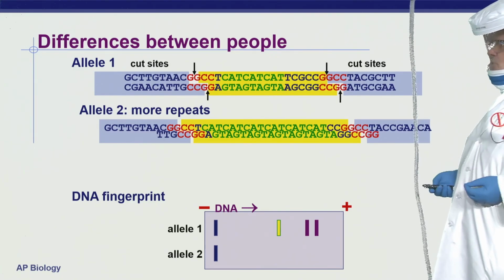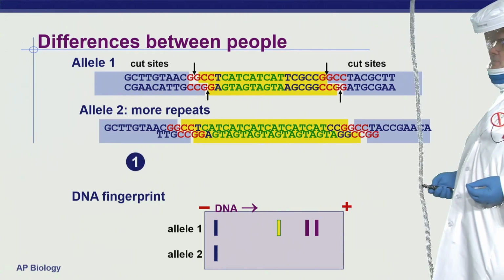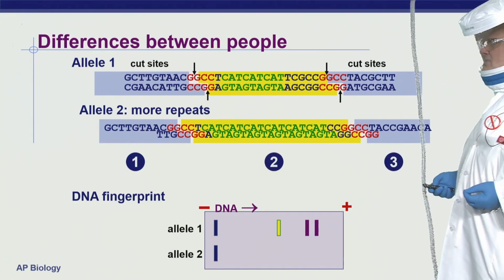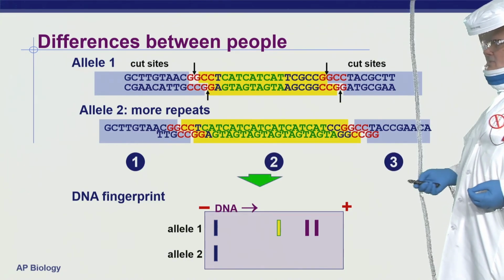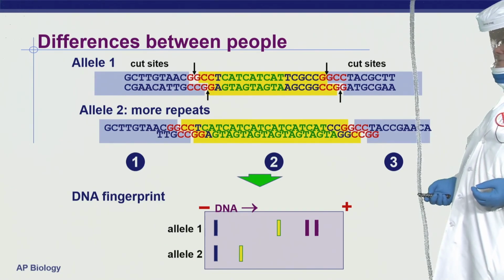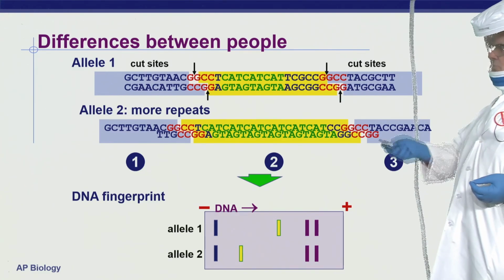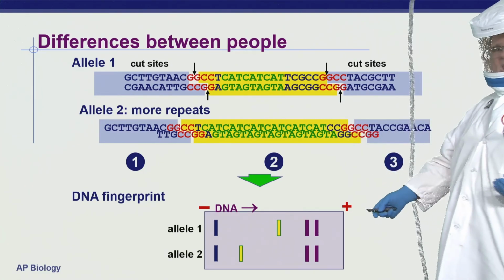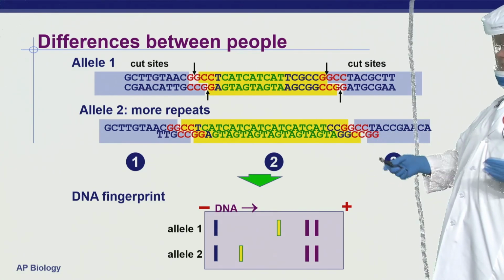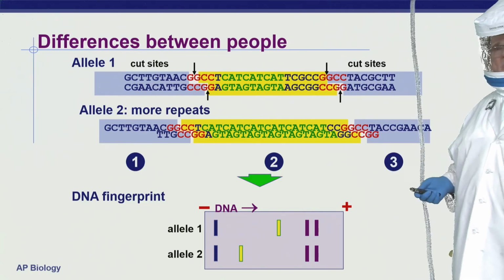A heavier piece is not going to go as far through the gel. So the other two parts line up perfectly, but the yellow part came out differently because of the different number of repeating patterns.